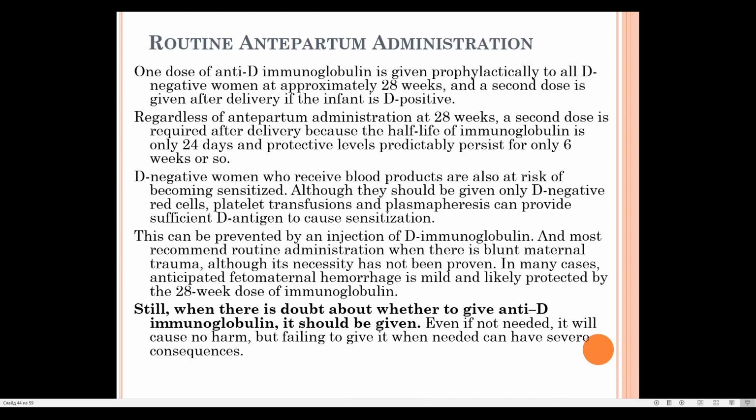So the D status of the newborn infant should be determined soon after birth. Regardless of antepartum administration at 28 weeks, a second dose is required after delivery because the half-life of immunoglobulin is only 24 days and protective levels predictably persist for only 6 weeks or so.